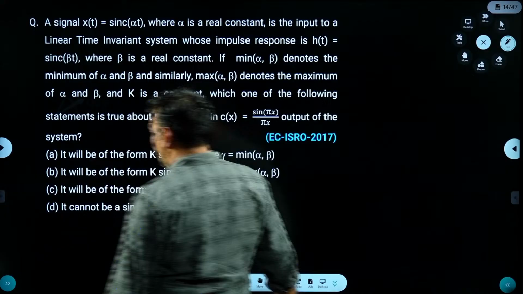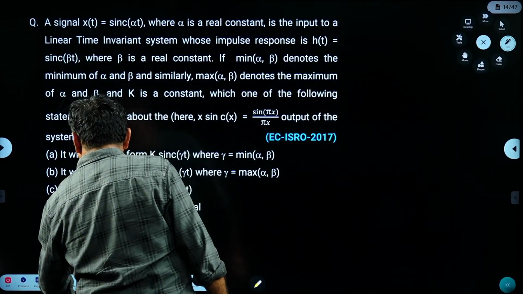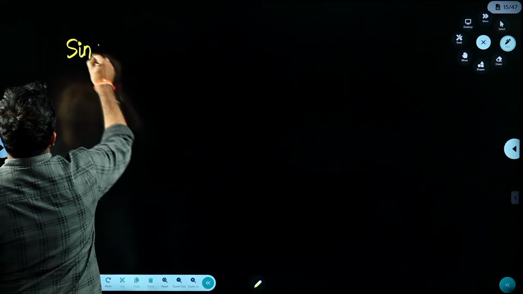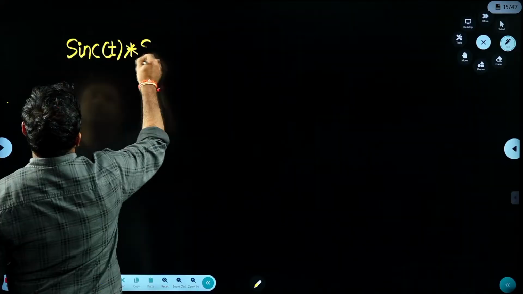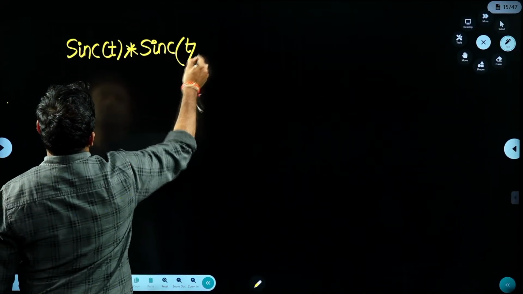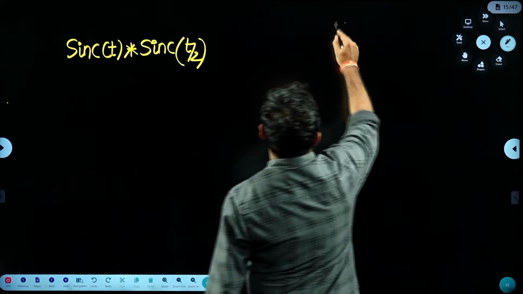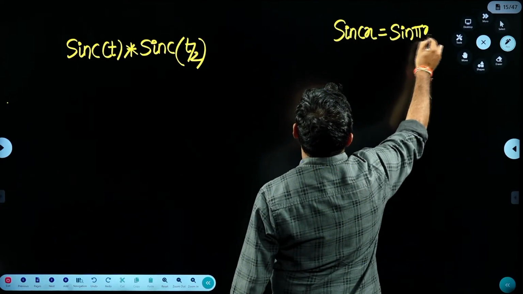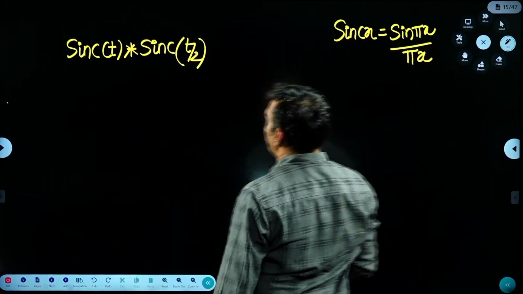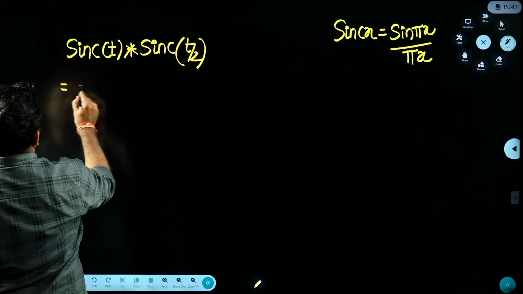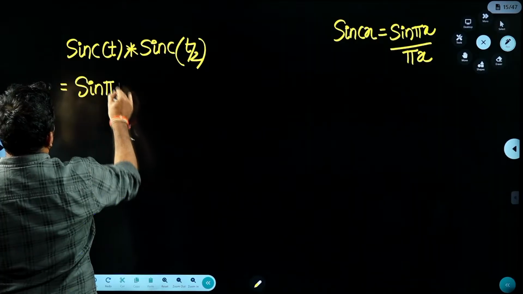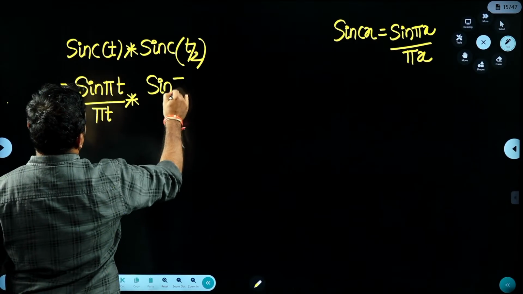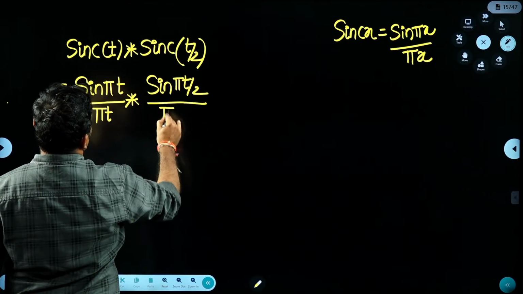So for your understanding, let us take one simple example to answer this question. Suppose I am taking Sinc t convolved with Sinc t by 2. Normal Sinc x expansion is sin pi x by pi x for us, standard form. So this can be written as sin pi t by pi t, one term, convolved with sin pi t by 2 divided by pi t by 2.